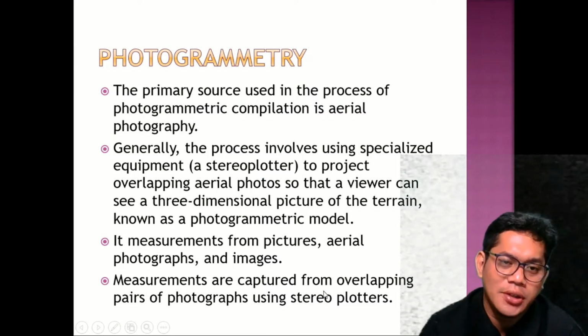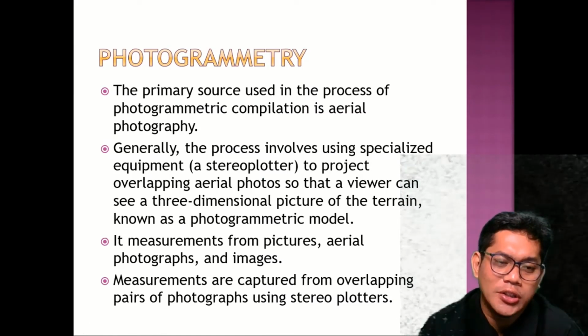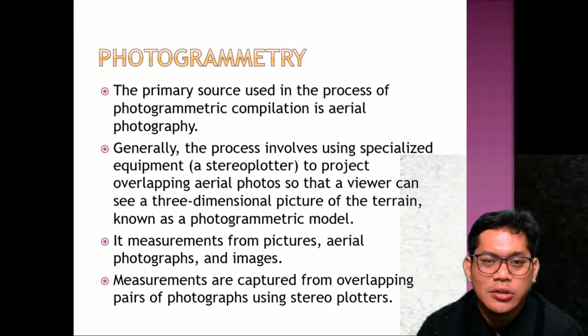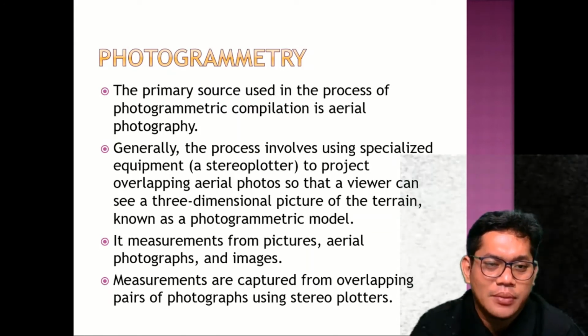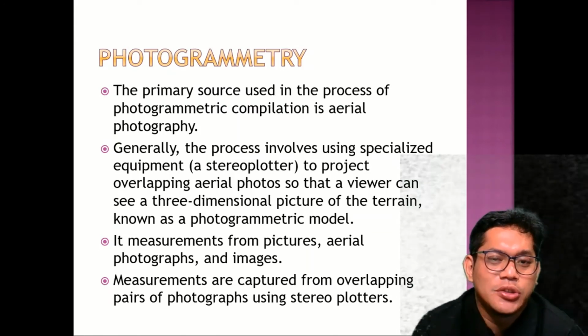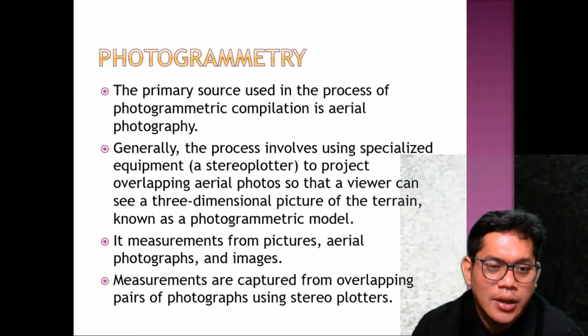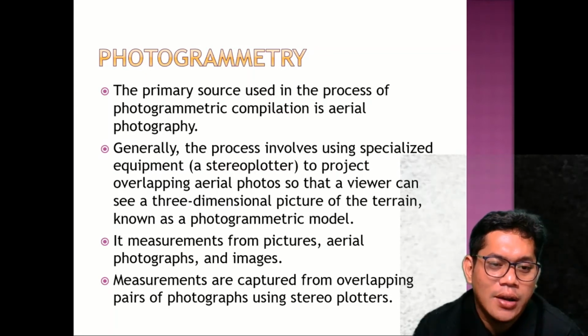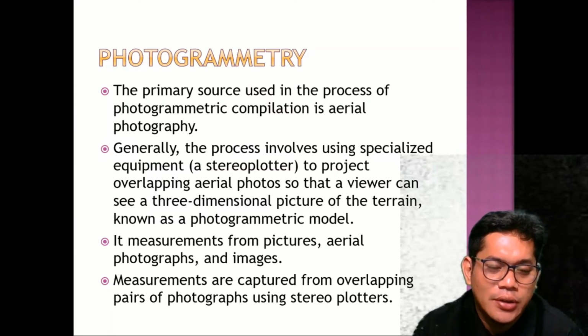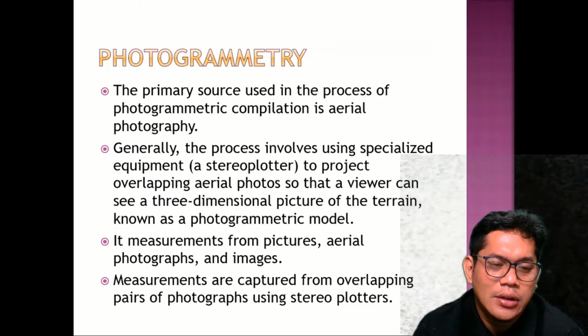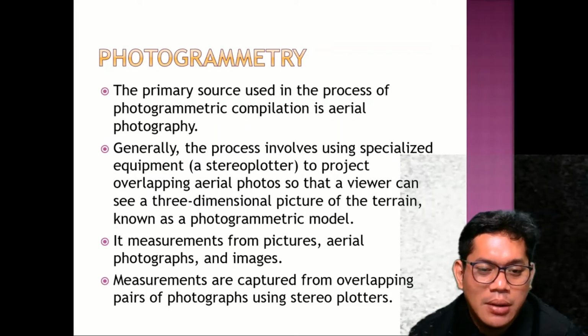And photogrammetry is another quite cheap data collection method. This is the primary source used to process the photogrammetry completions of the aerial photography. Usually we use a stereo plotter of the aerial photos, with two images from different angles that overlap each other.